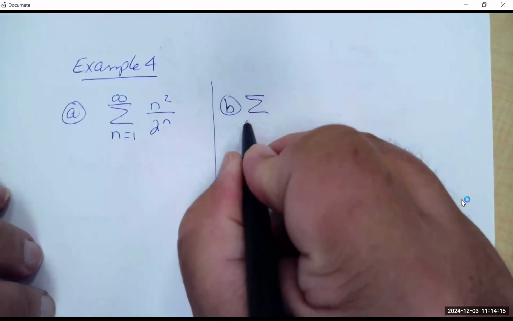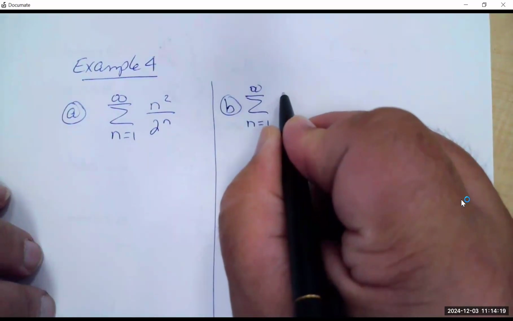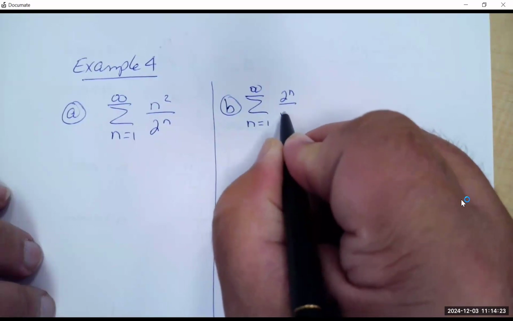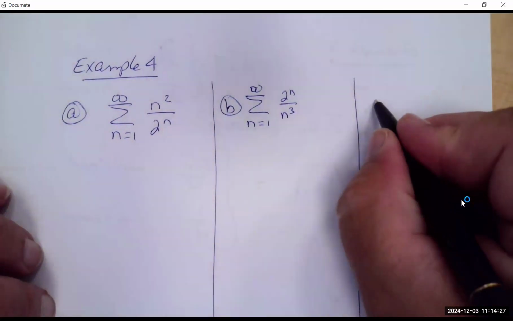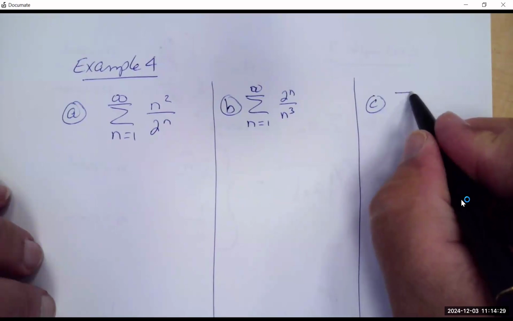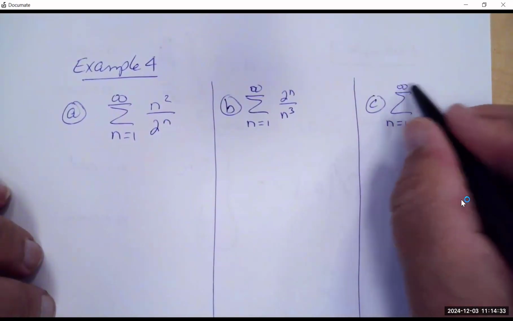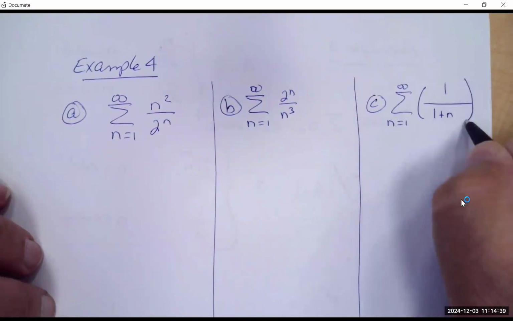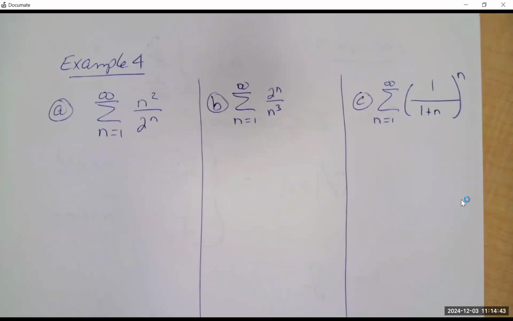A: summation n equals 1 to infinity of n^2 over 2^n. B: 2^n over n^3. C: 1 over (1 plus n) to the power n. So which ones converge, which ones diverge?